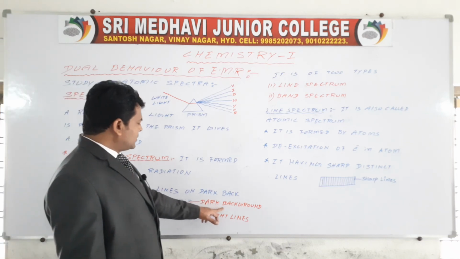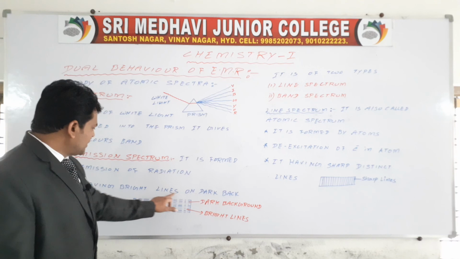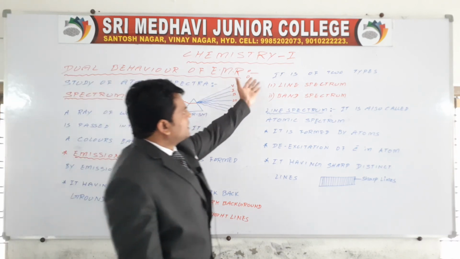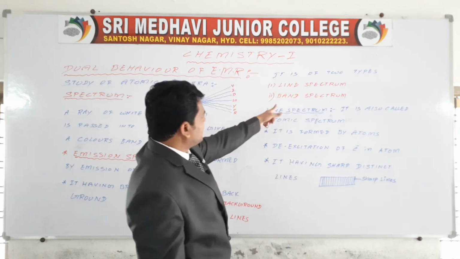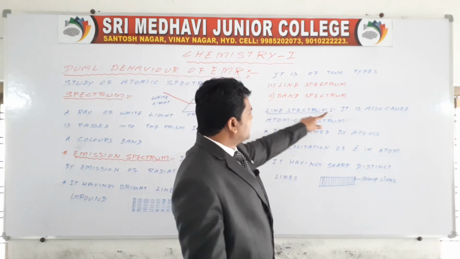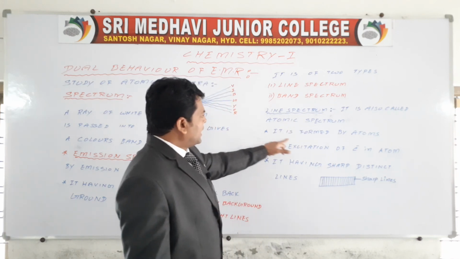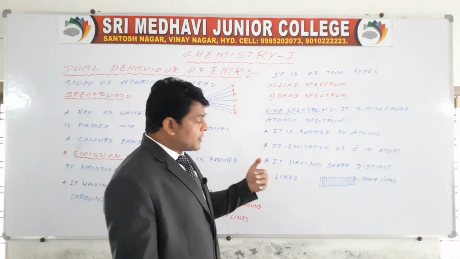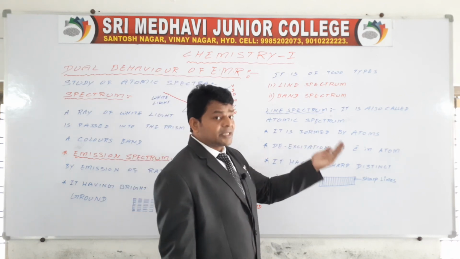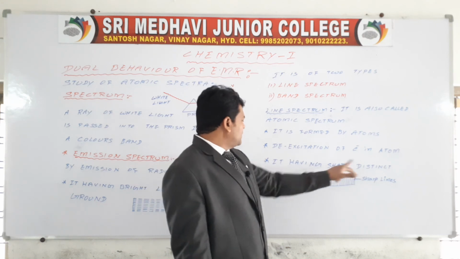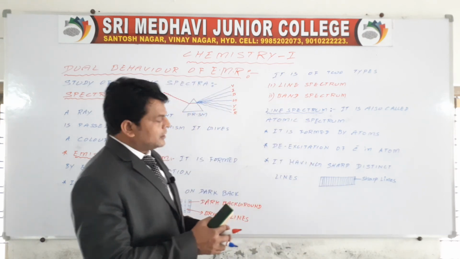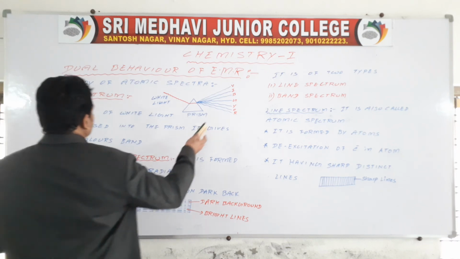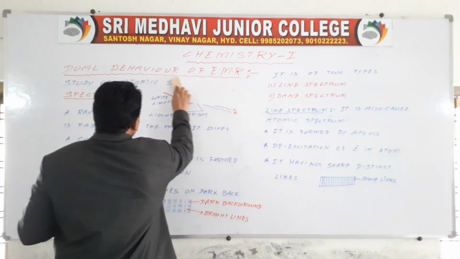Emission spectrum is of two types, line spectrum and band spectrum. Line spectrum is also called atomic spectrum, formed by atoms through de-excitation of electrons in an atom, and it has sharp distinct lines.